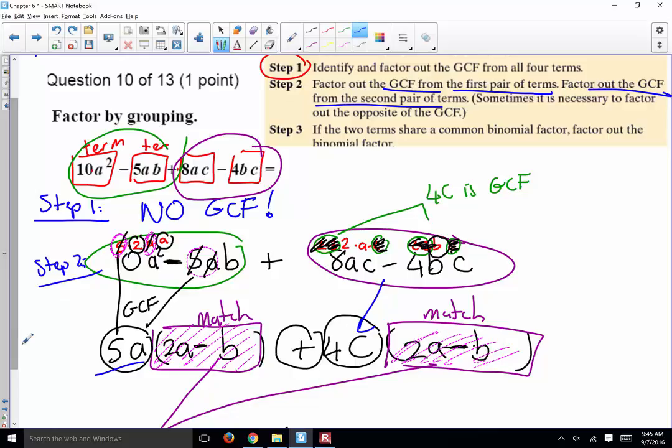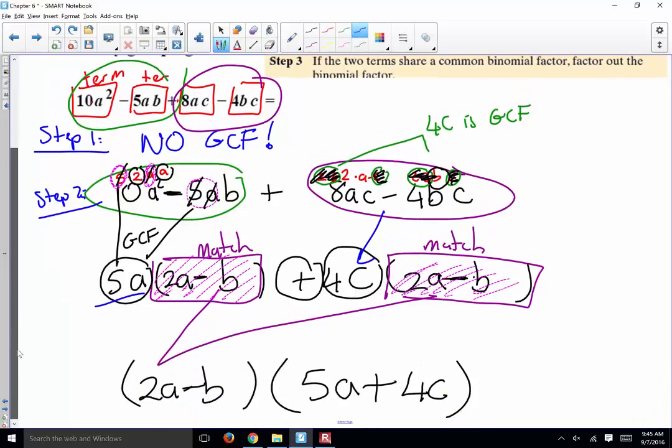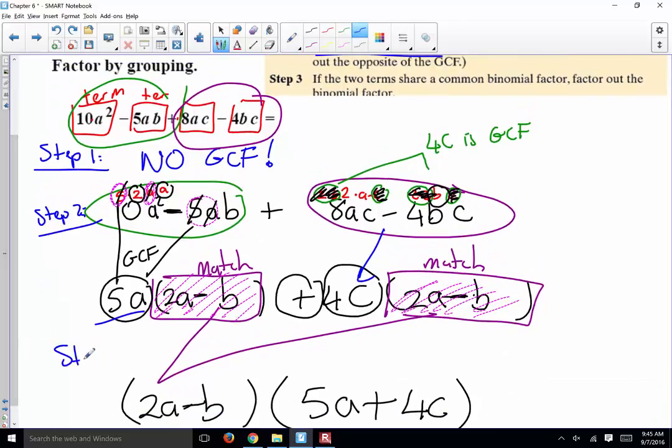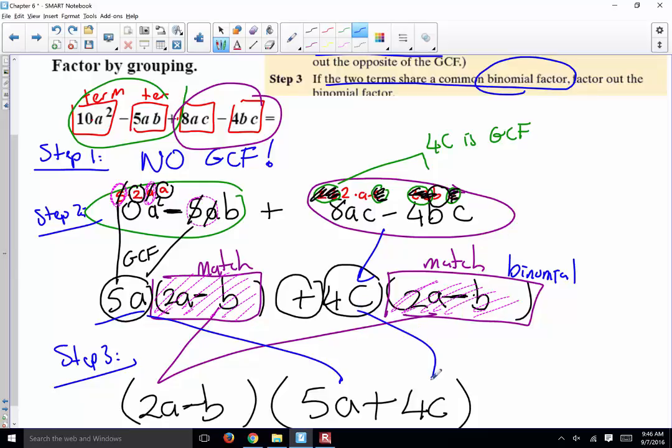GCF of the second group. And then in step 3, we found something common in those parentheses. If those two terms share a common binomial factor, this is binomial, two terms. Binomial means two terms. Then we factored out those binomials, and what's left is 4a, 5a, and 4c. This is how we do 4-term factorization.